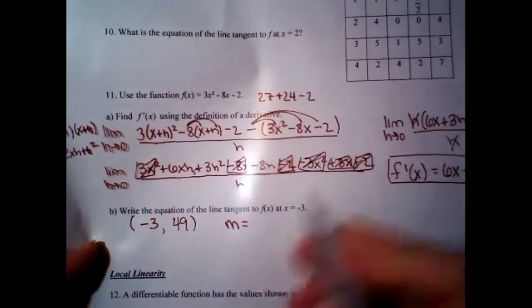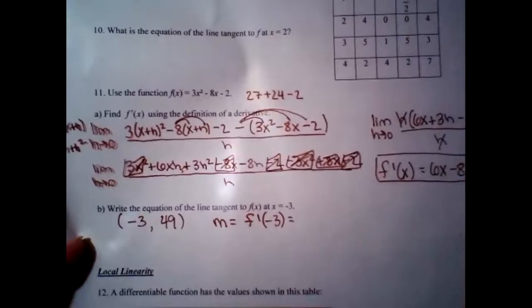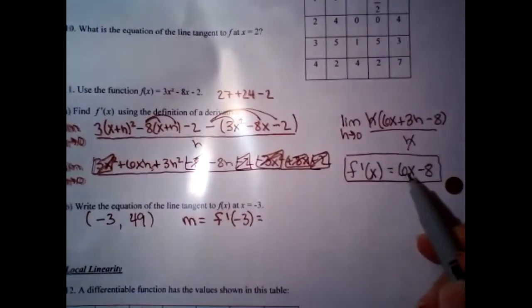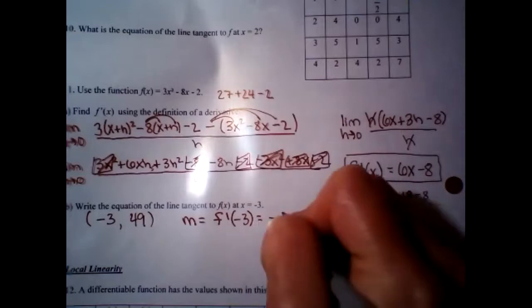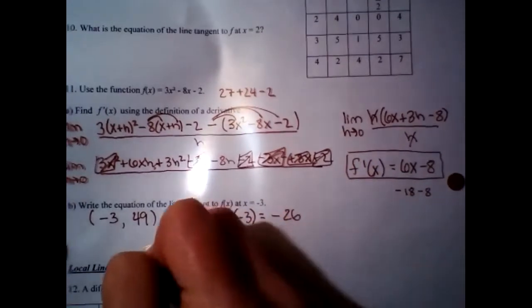And then slope comes from the derivative, so we're going to plug -3 into the derivative. So if I plug in -3 right here, that'll be -18 minus 8, so -26. And then just put it all together in your answer.